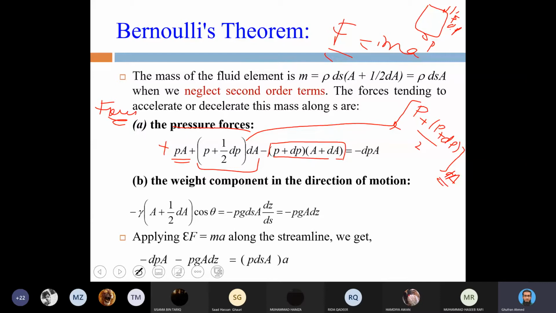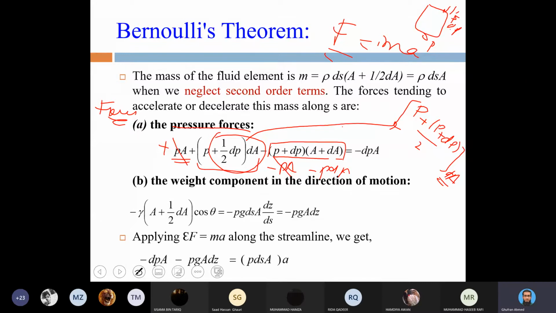Okay. After that, if we expand this equation, just like PA, it is minus PA, minus P dA, etc. So these terms will cancel, and we neglect the higher order terms.